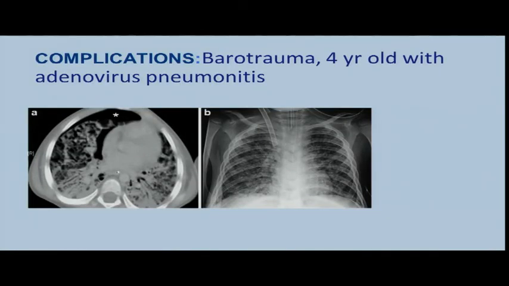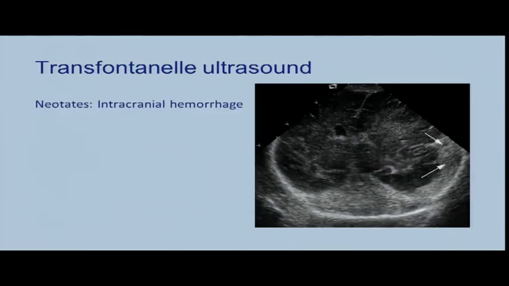This is another kid that had adenovirus pneumonitis and eventually had barotrauma during admission. This is a transfrontal ultrasound that shows intracranial hemorrhage. So we can actually see some hyperechogenicity, subdural in the brain, in the transfrontal ultrasound of this kid.